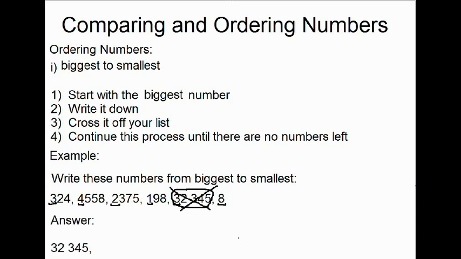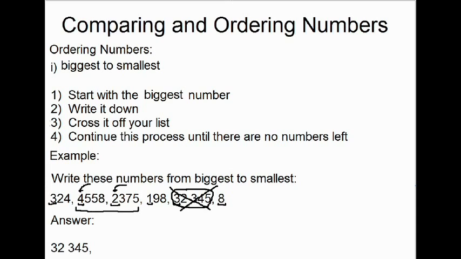Now we're looking for our next biggest place value. Our next biggest place value that we have is the thousands. Here we have a digit in the thousands place, and here we have a digit in the thousands place. That's the biggest place value that we have left in our list of numbers. So we're really just comparing these two numbers here.